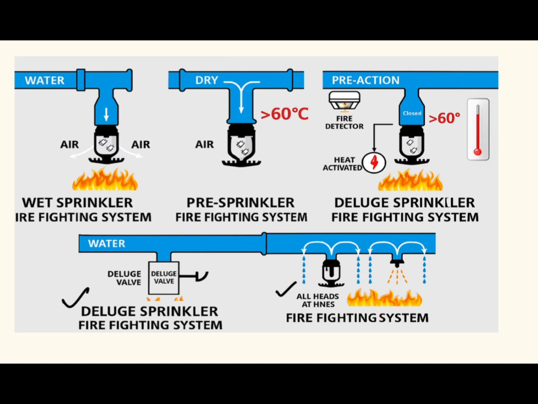So these systems are used when fast, wide area water coverage is needed immediately, right? It is useful when the risk is too high to wait for heat to trigger individual sprinkler heads. Other sprinkler heads trigger individually, but in this particular case, we need instant water flooding.